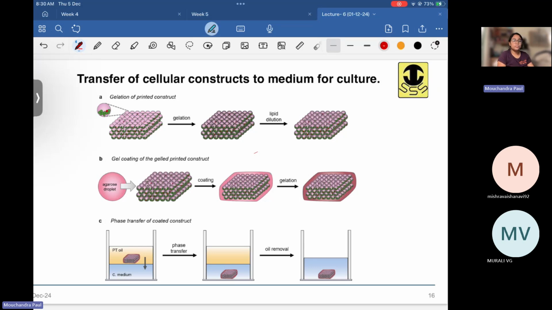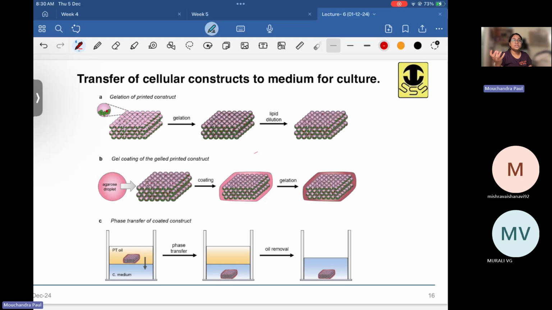The topmost phase is oil, the lower phase is the culture media. They take a pipette tip, pick up the construct very gently, and keep it on the oil phase of the column and allow gravity to do its work.